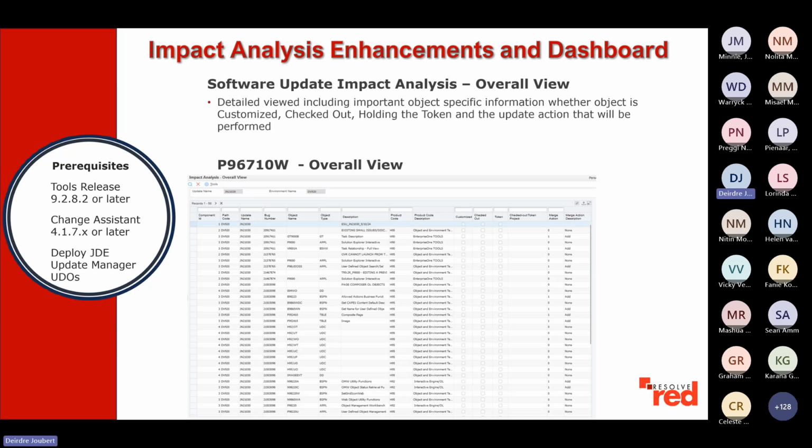Okay, so the overall view gives a detailed view, including important object-specific information: whether the object is customized, checked out, holding a token, and the update action that will be performed should you apply that particular ESU to your environment. And that's an image of the grid and how the grid looks when you've got your overall view opened.